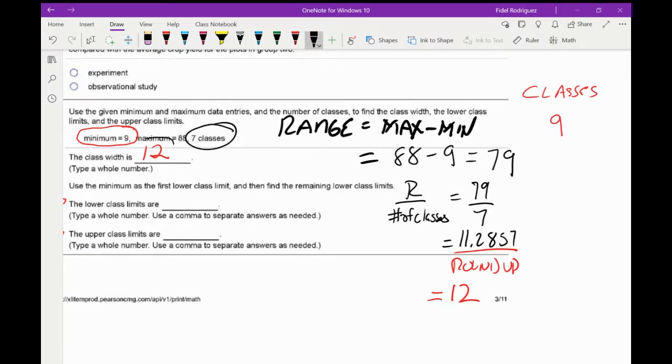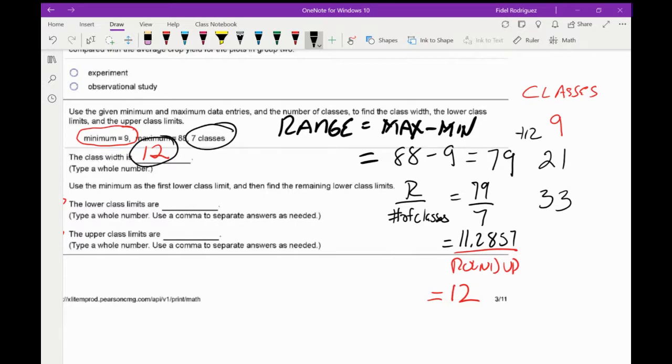Since my class width is 12, I'm going to start adding 12 to that number 9. So 9 plus 12 gives me 21. If I add another 12, that's going to give me 33. Let me make sure I'm doing that right: 9 plus 12, yep, 21 plus 12, yep, 33.